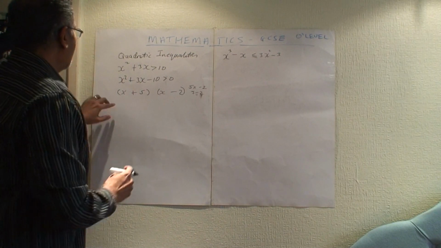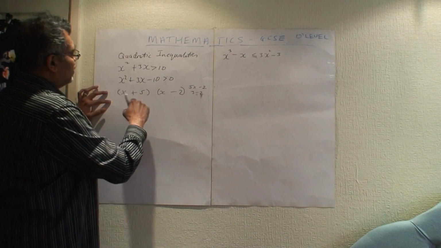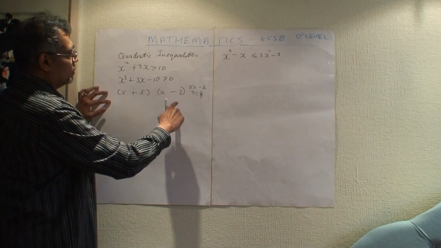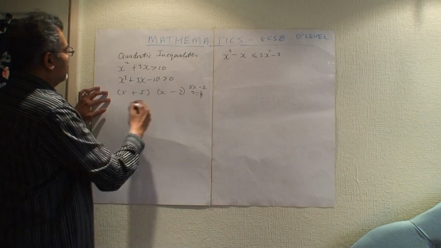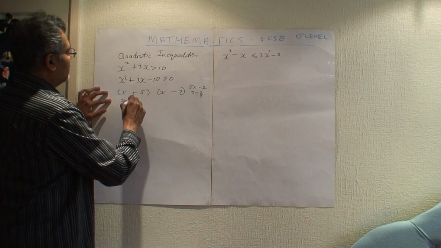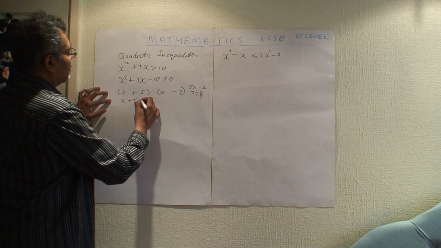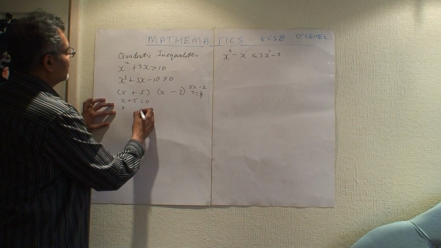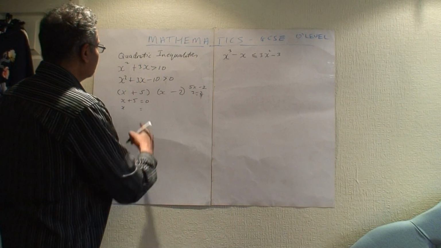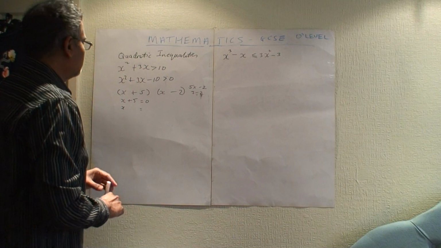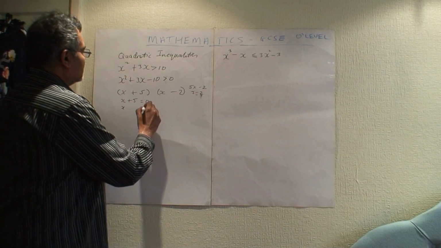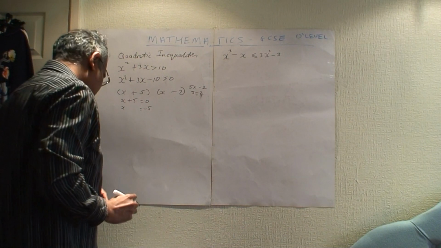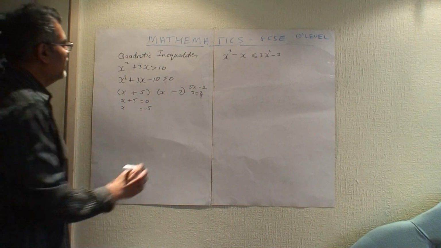Now we know that this factor is equal to 0 and this one is equal to 0. Say x plus 5 is equal to 0, then x will be minus 5, taking the 5 to the other side.